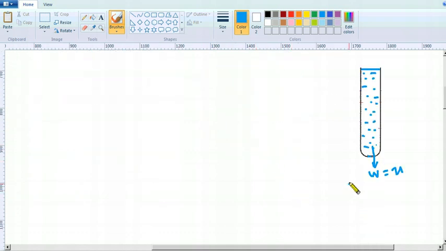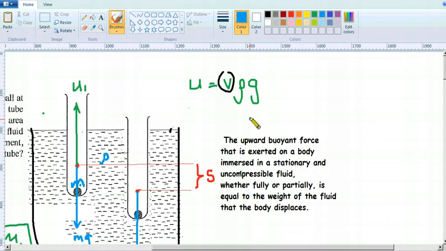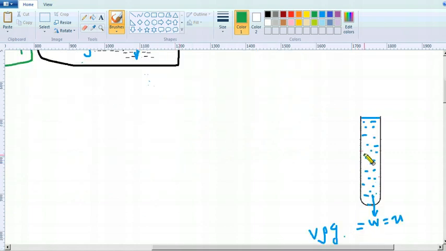So this weight can be calculated by V rho g. That is why we write this equation, U2 equals V rho g. So V2 must be here now, because this volume is V2.